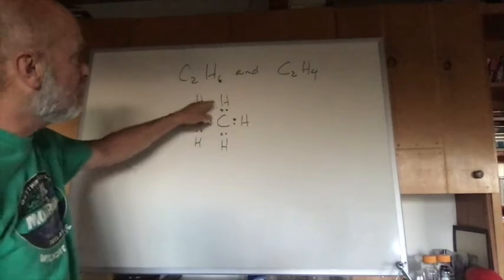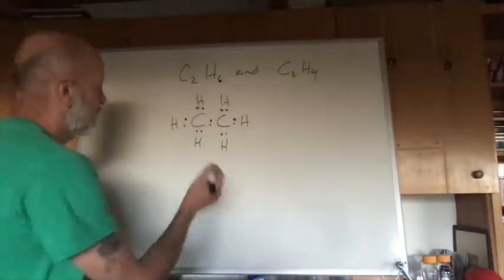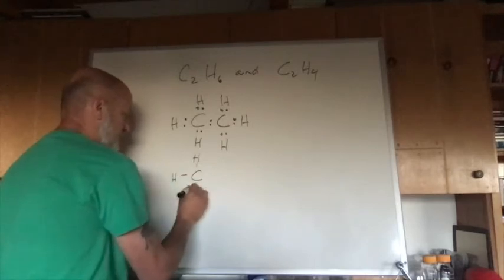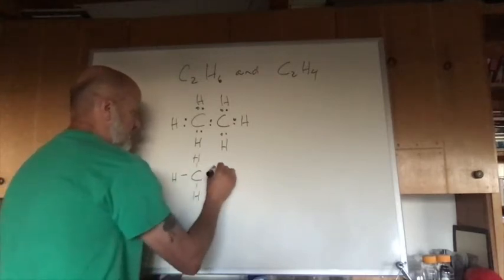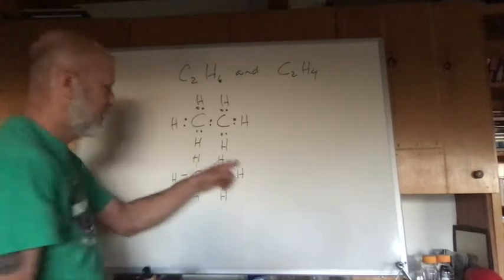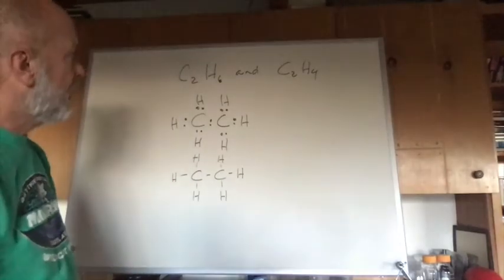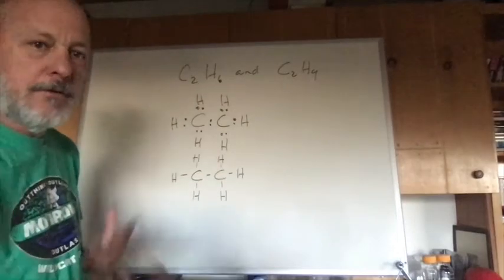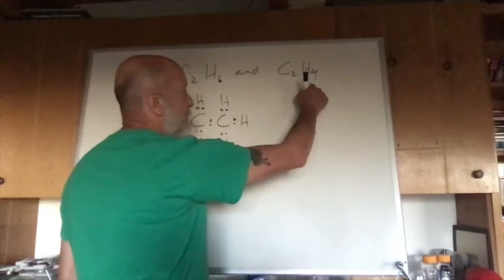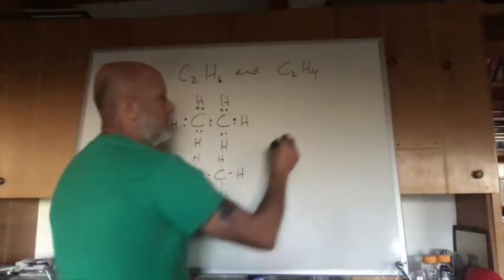All single covalent bonds, right? Which we can replace with lines, and frequently do, to get this. So this, of course, is a very common lightweight gas. So is ethene, C2H4. So I've got 2 less hydrogens to work with.